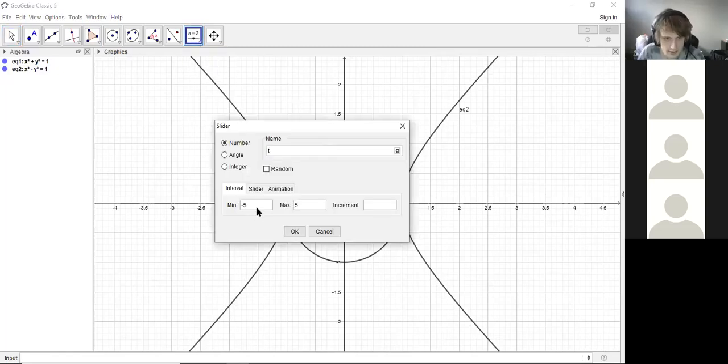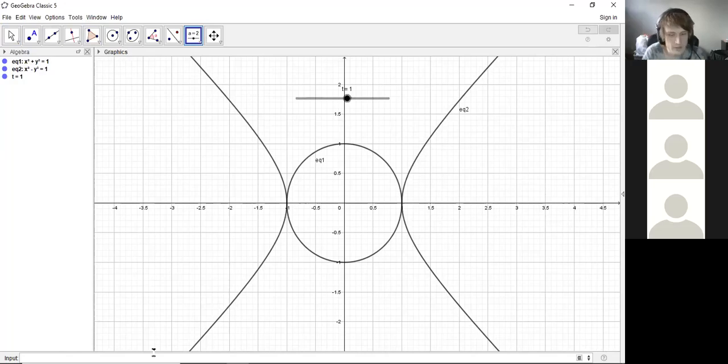Let's call it t. Let's make its max 10 to minus 10. So we have the point 1 minus t squared, comma 2t divided by 1 plus t squared. There we go.